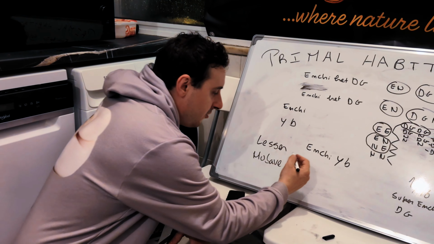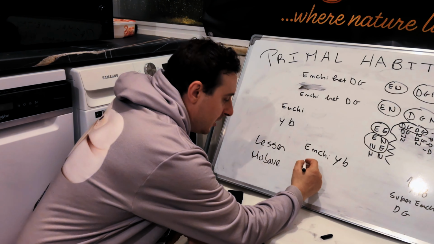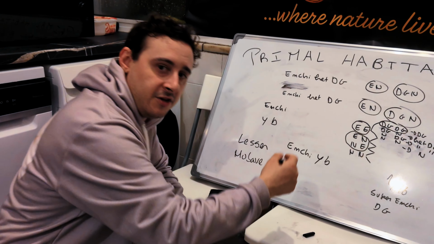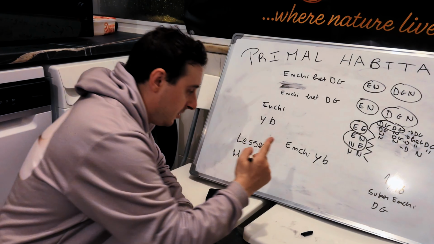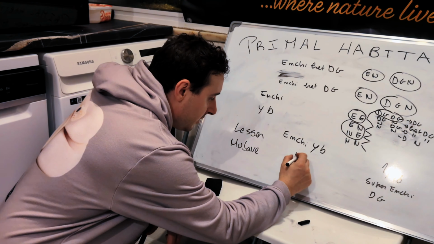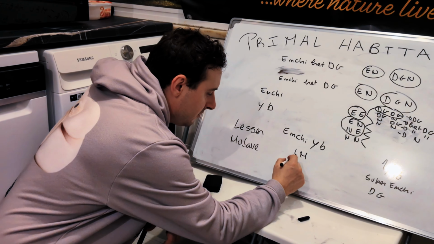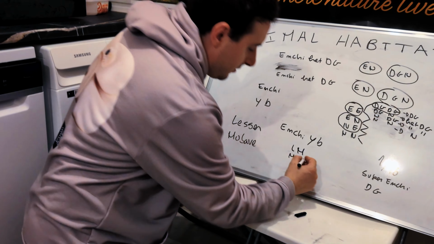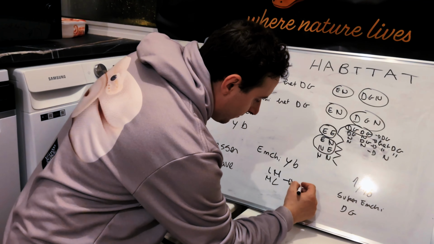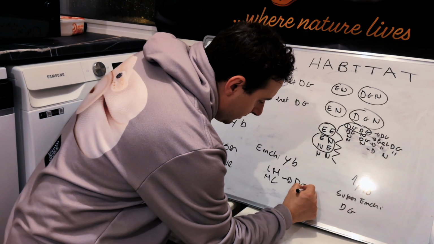So instead of passing two genes to the offspring, a lesser gene and a Mojave gene, you will pass only one gene, and that gene could be lesser or Mojave. And it will produce a superform, which is a Bell.